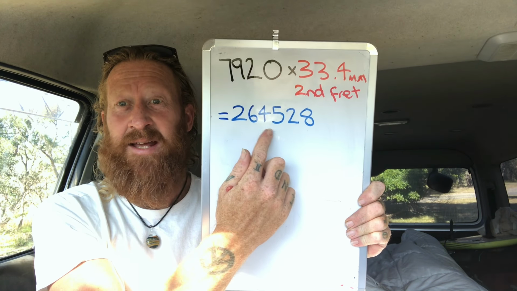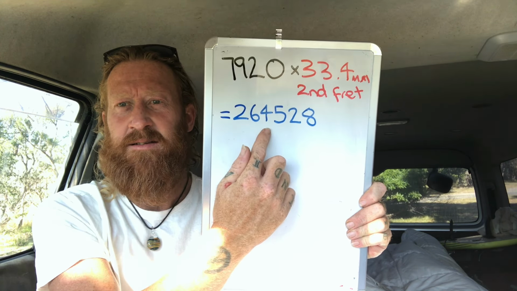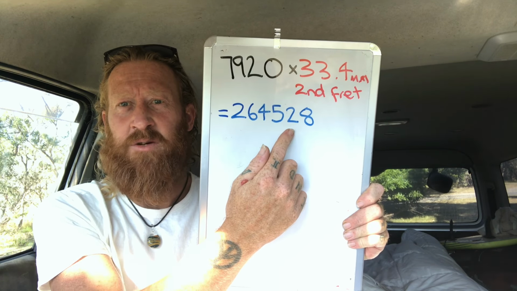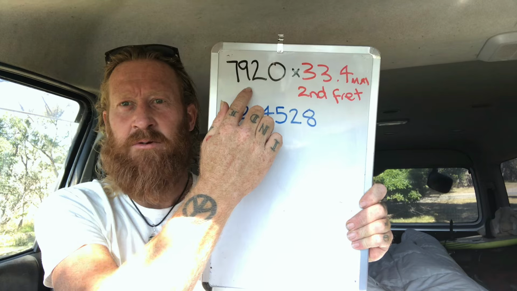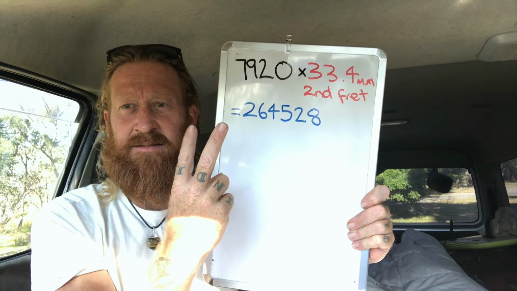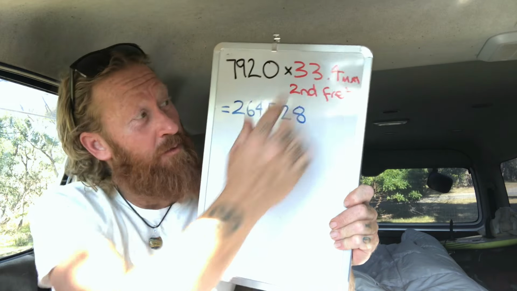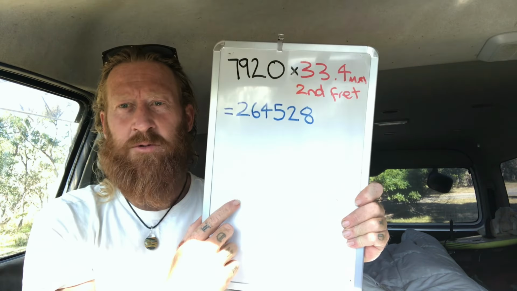Now 264 is half of 528. So if we double this, we get 528. We've taken the width of the second fret, timed it by the equatorial diameter, and we've got 264,528.